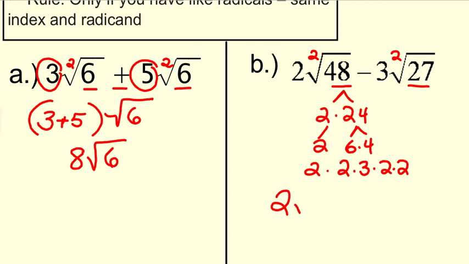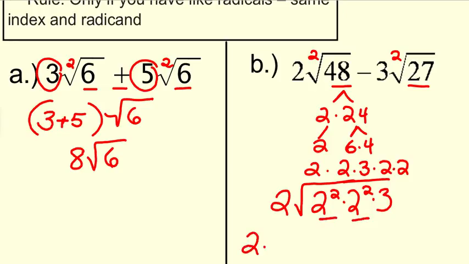So this looks like 2 square root of 2 squared, 2 squared, 3. So what pops out is that 2 and that 2. So we have a 2 out in front already, and we're going to pop out 2 more 2's. What's left is this 3 because it's not a power of 3.